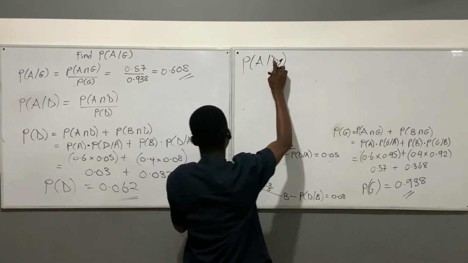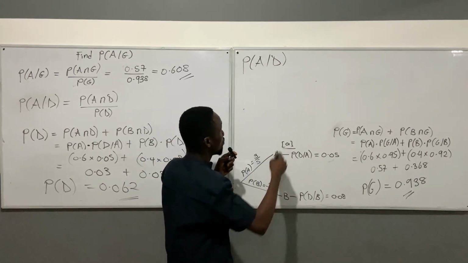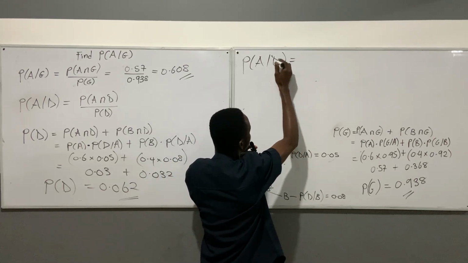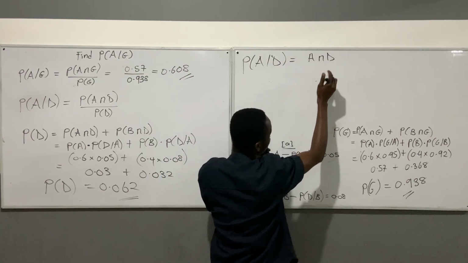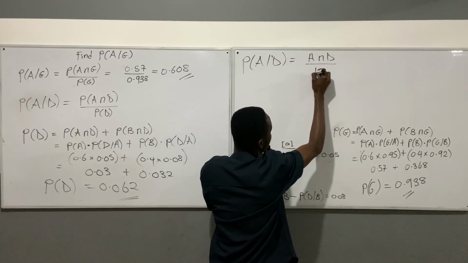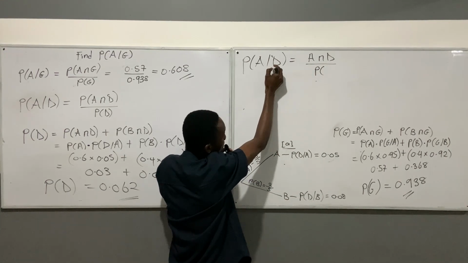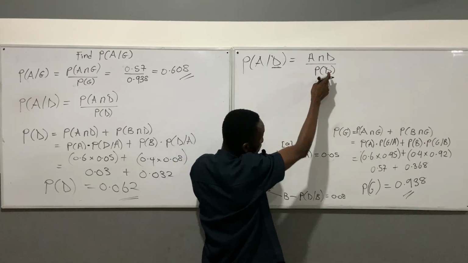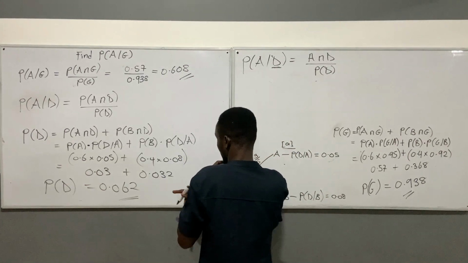We already know D, which we did here. So the conditional probability formula will be what? A and D occurring together divided by the probability of the one we are conditioning on, which is D. If A is here, it means we are going to condition on A like we did there. Do you understand now?